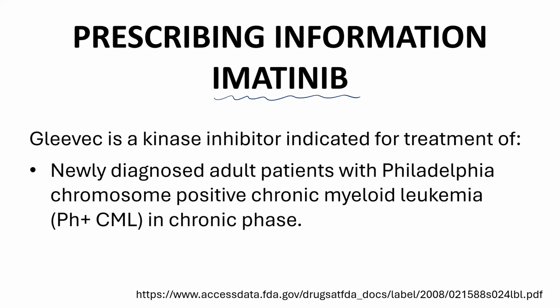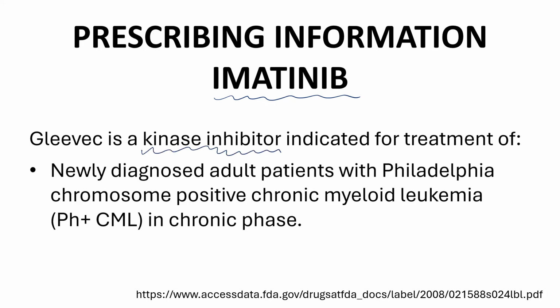Quote, Gleevec is a kinase inhibitor indicated for the treatment of newly diagnosed adult patients with Philadelphia chromosome-positive chronic myeloid leukemia in chronic phase, unquote. In this text, we can see kinase inhibitor.